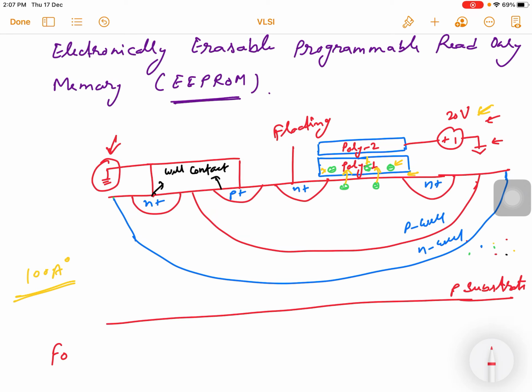In this manner you are going to electrically erase the data from your memory. This is a simple process of how data is going to be erased or written in the memory. So this is the basic concept about flash memory, clear?